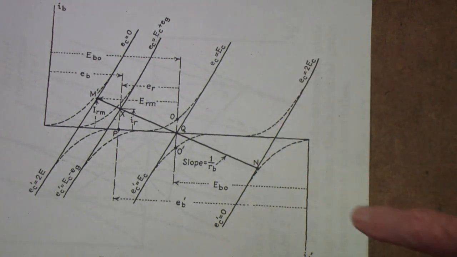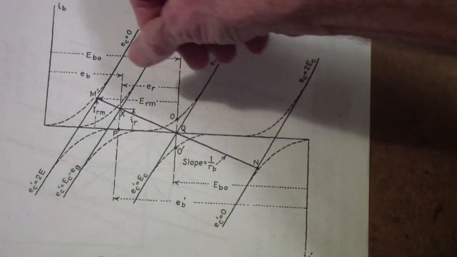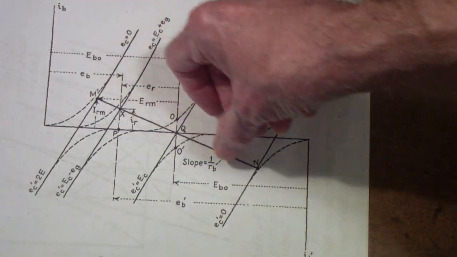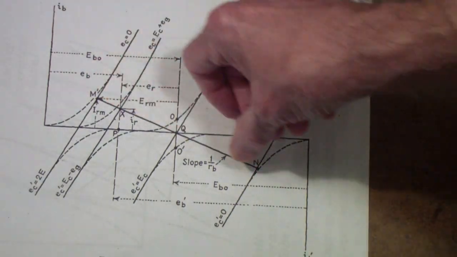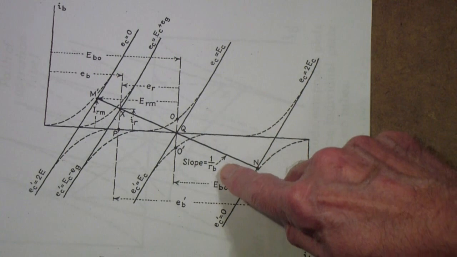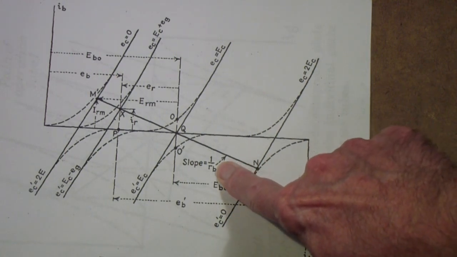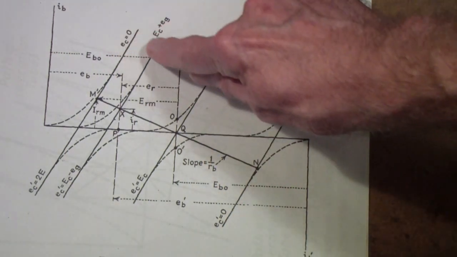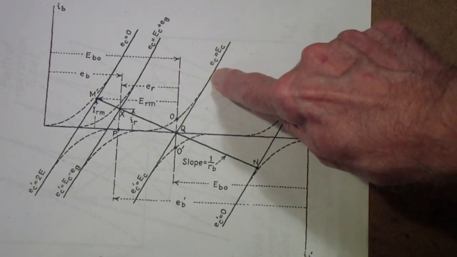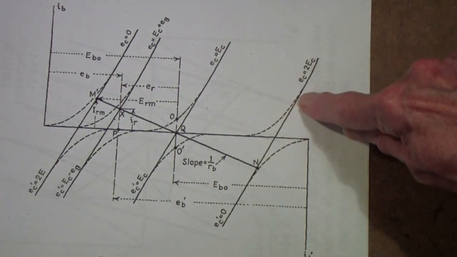If you plot the composite plate characteristics of the push-pull stage, we just saw an equivalent circuit and a simplified equivalent circuit. The load resistance is just the slope of this line. And notice right here, each of these represents grid voltage.